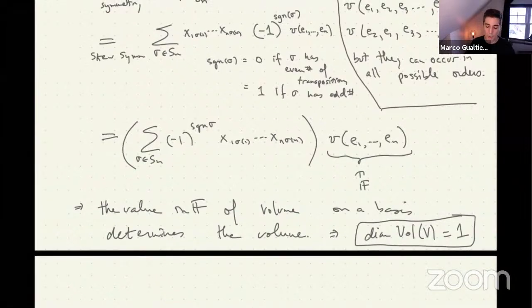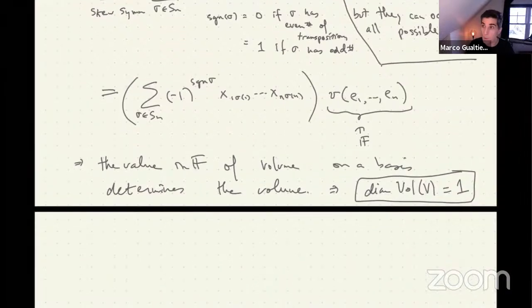So in other words, if you want to define a basis for the space of volumes, all you would need to do is specify what is the volume on a basis. So what you do is you choose a basis for your vector space. You say, I'm going to consider a volume whose value on that basis is 1. Okay, that volume is a basis for the space of volumes.